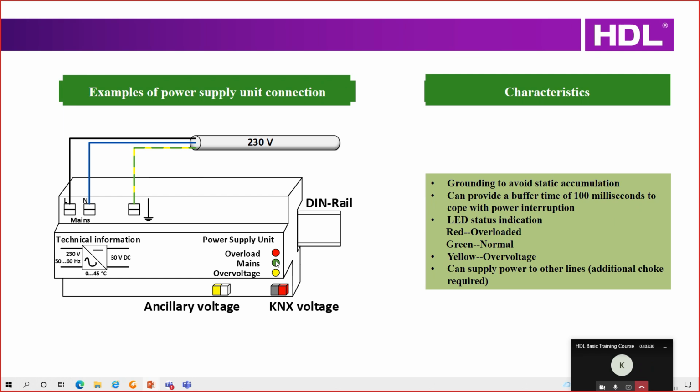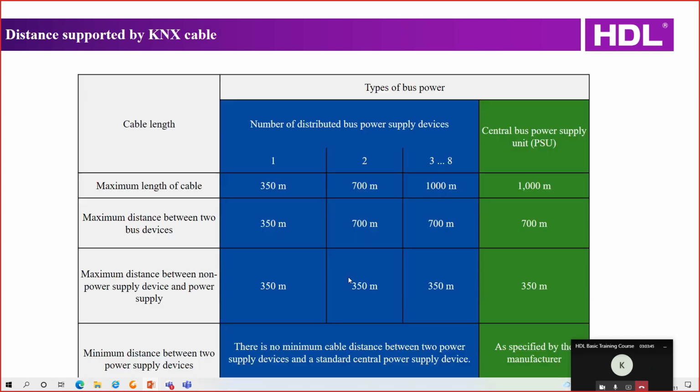It is also able to supply power to other lines, but an additional choke is required. And this is the distance supported by the KNX cable. The maximum distance is 1 kilometer.